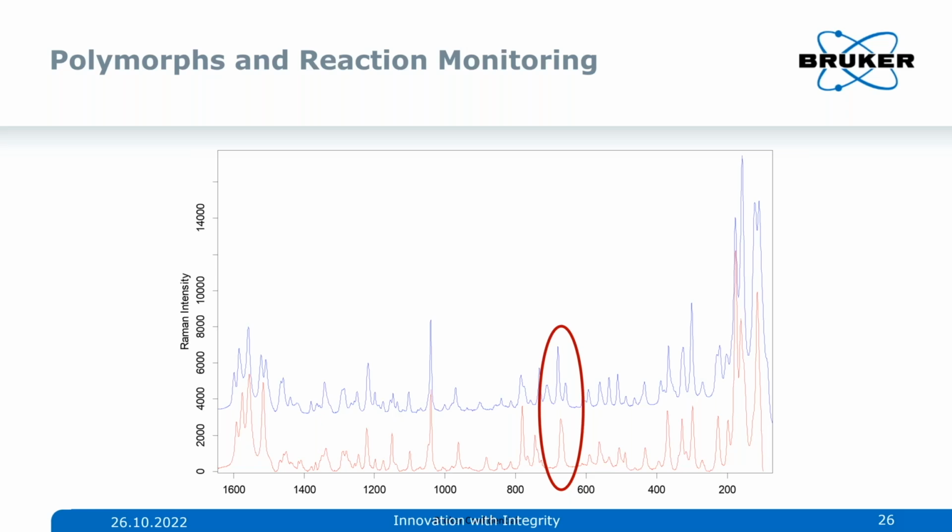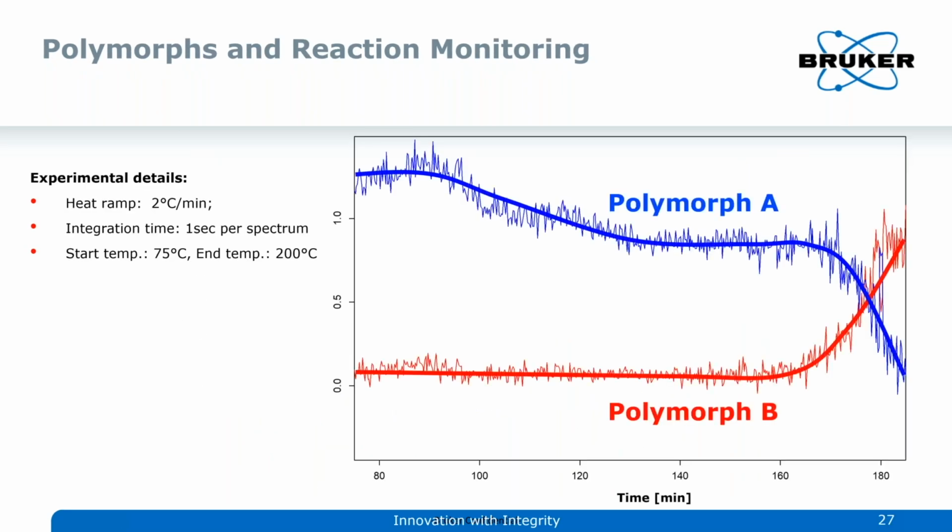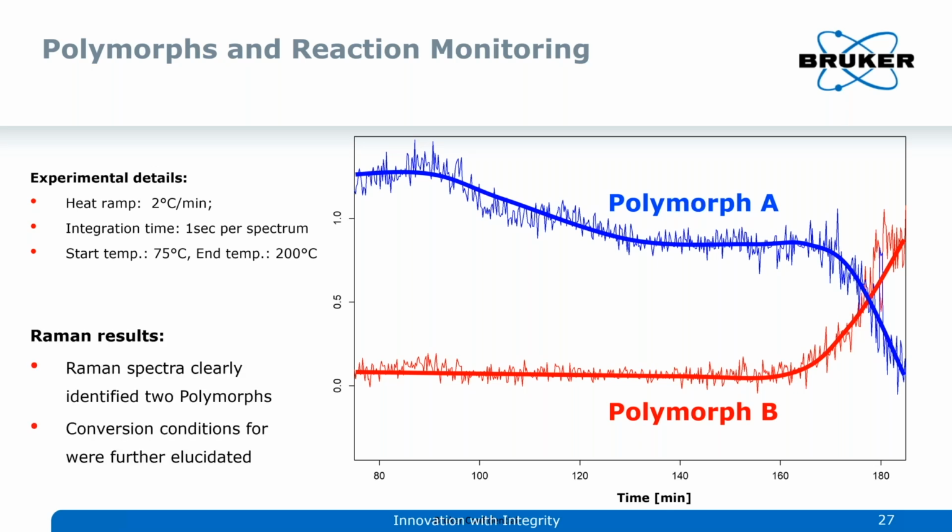So we're doing Raman microscopy evolution studies, and we can see that after about 150 minutes or 2.5 hours, as we go up in temperature, we can start to see the changes, and we see the degradation of polymorph A and the change in polymorph B. So very, very cool. And again, you can click on any point in the data curve shown here to pull up the actual spectra.